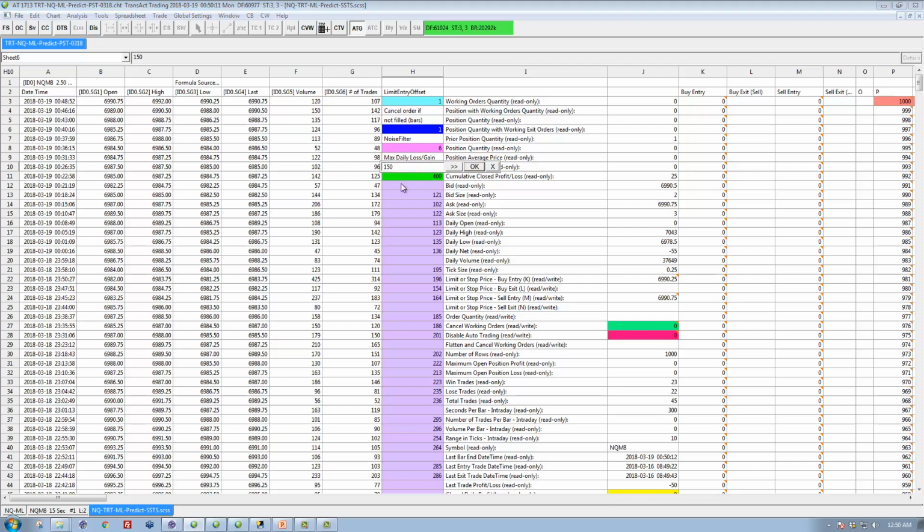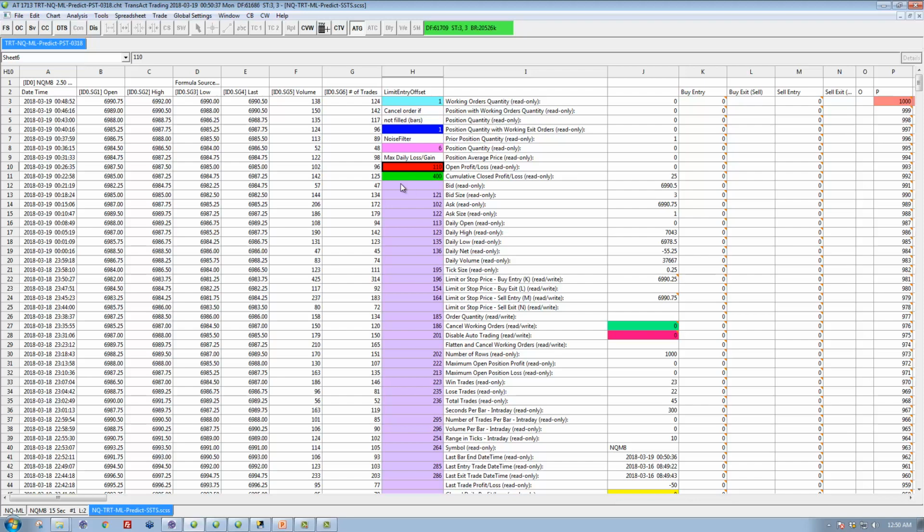So what I do is I put 110, and the reason it's 110 and not 105 is I just want to give the market room in case there's some slippage, basically. So if I take 2 trades and I'm down $100, I can take 1 more, and then it'll stop trading.